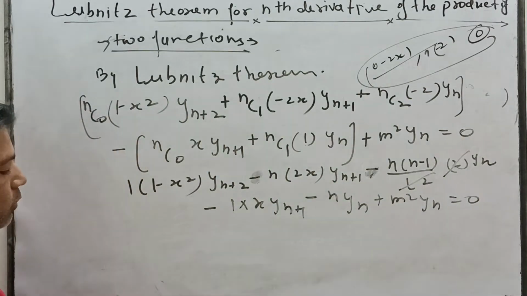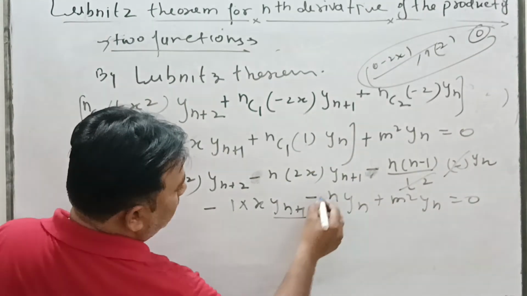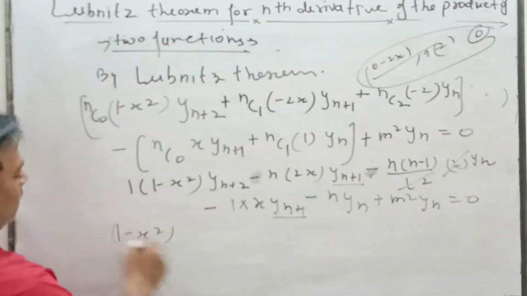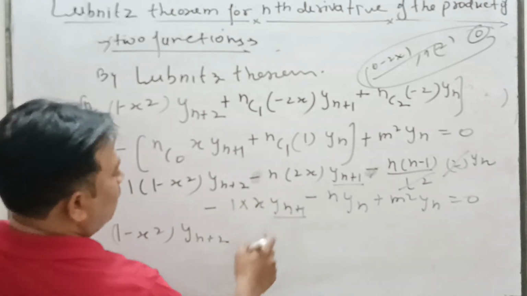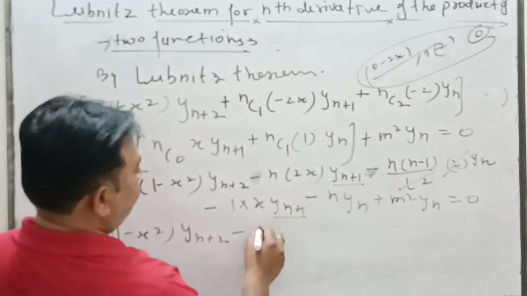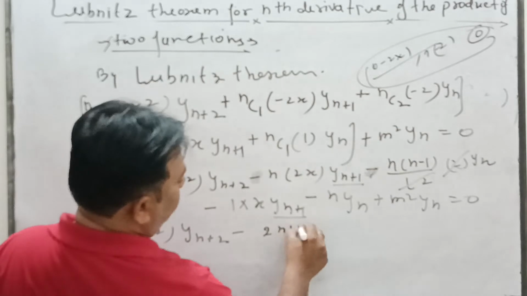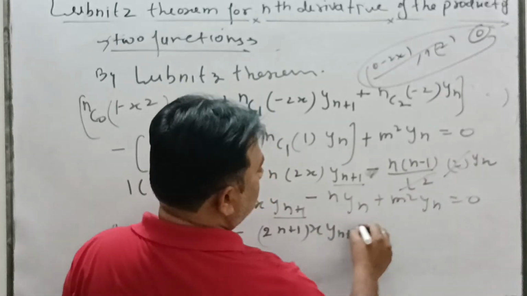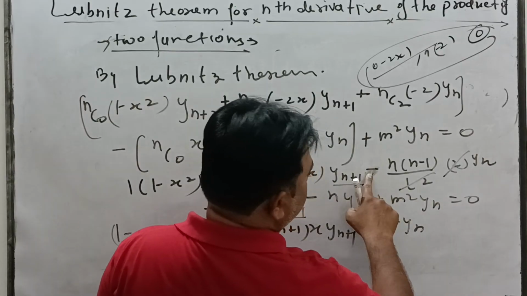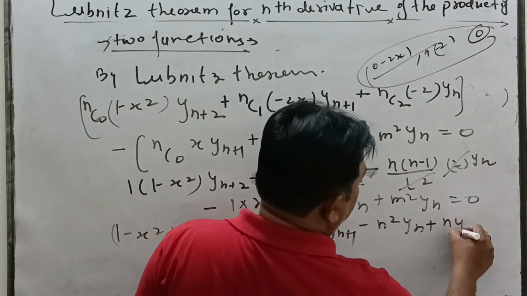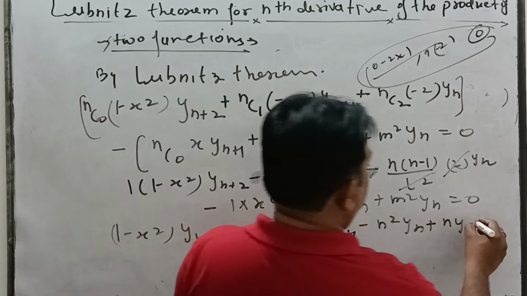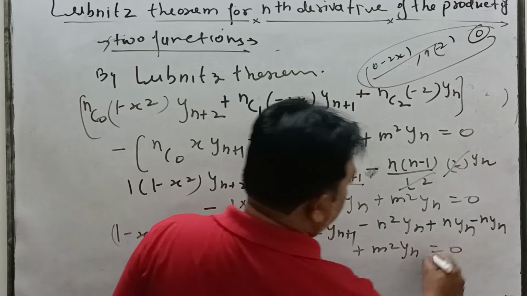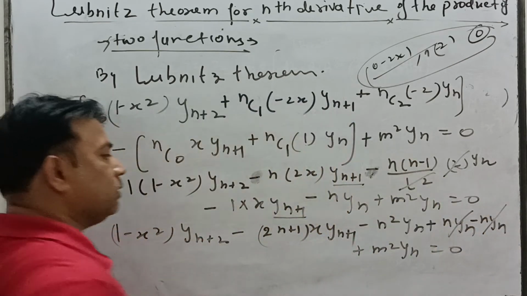So take the common yn plus 1; yn plus 2 is not present here: 1 minus x square yn plus 2 minus 2n plus 1 x yn plus 1, and multiplying this term minus n square yn, this minus and this minus plus nyn, and minus of nyn plus m square yn equal to 0, cancel out.